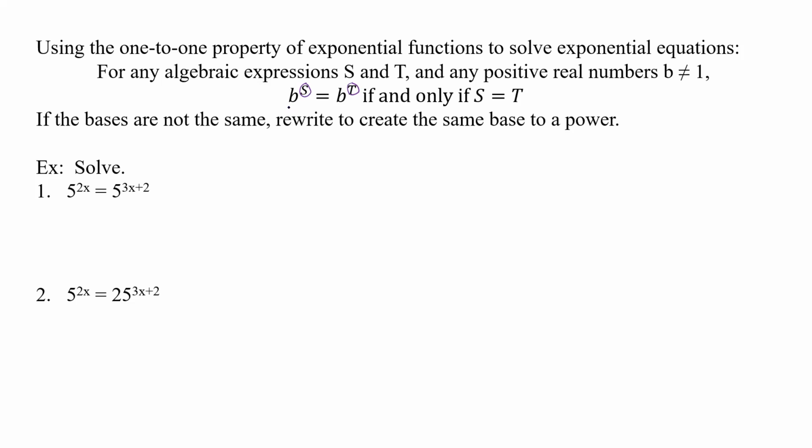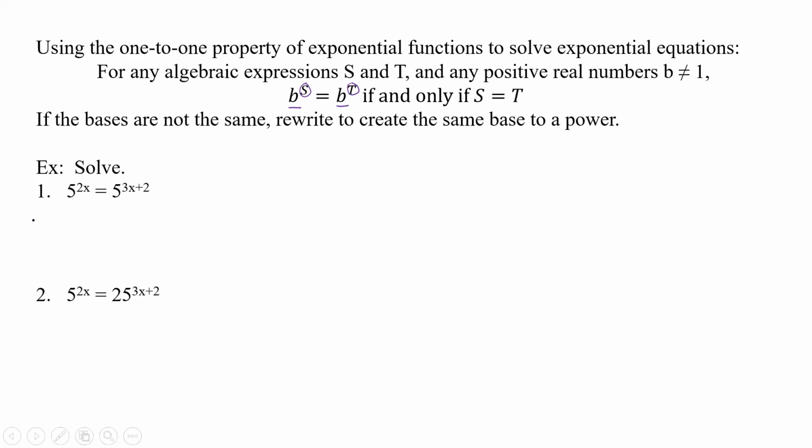Now, the key thing is our bases have to be the same for s to be equal to t. So if the bases are not the same, we have to rewrite them to create the same base to a power. So you're going to have to sometimes rewrite the bases so they equal the same thing, and then you're going to have to convert the original t or maybe the original s to something times something else when you change the bases. So that's going to be a key.